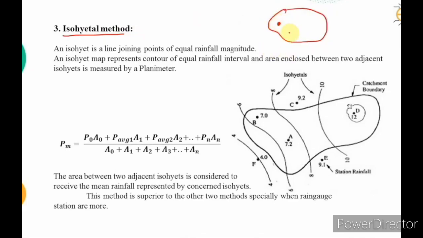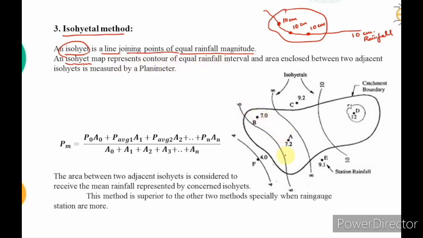If we draw a line through the points having an equal rainfall value of 10 cm, such a line is known as an isohyet. So an isohyet is a line joining points of equal magnitude of rainfall. Now, what does the map represent?